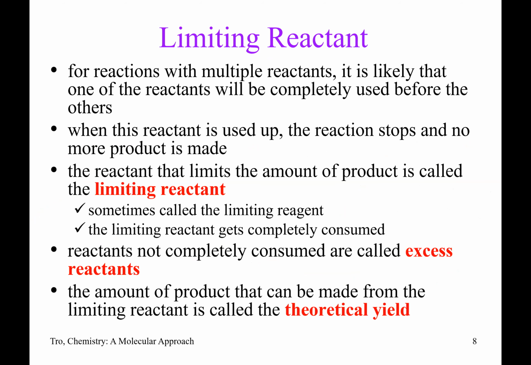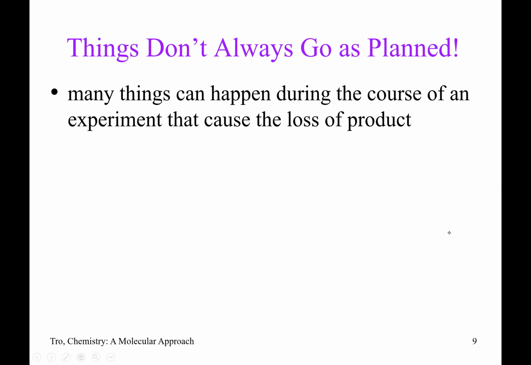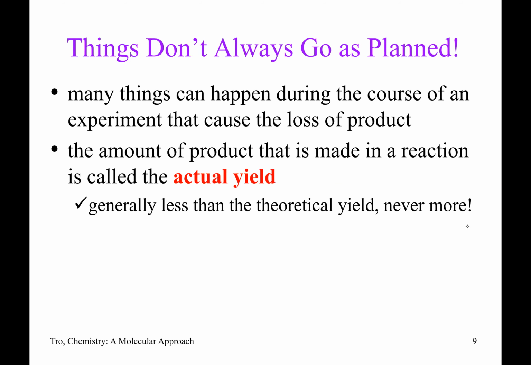Let's say you want to make a simple cheese sandwich, and for the cheese sandwich, you need 2 slices of bread and 1 slice of cheese, right? For every 2 slices of bread, you need 1 slice of cheese. Now, if you have 9 bread and 4 cheese, which one is the limiting reactant here? Cheese. Cheese is going to be limiting reactant.